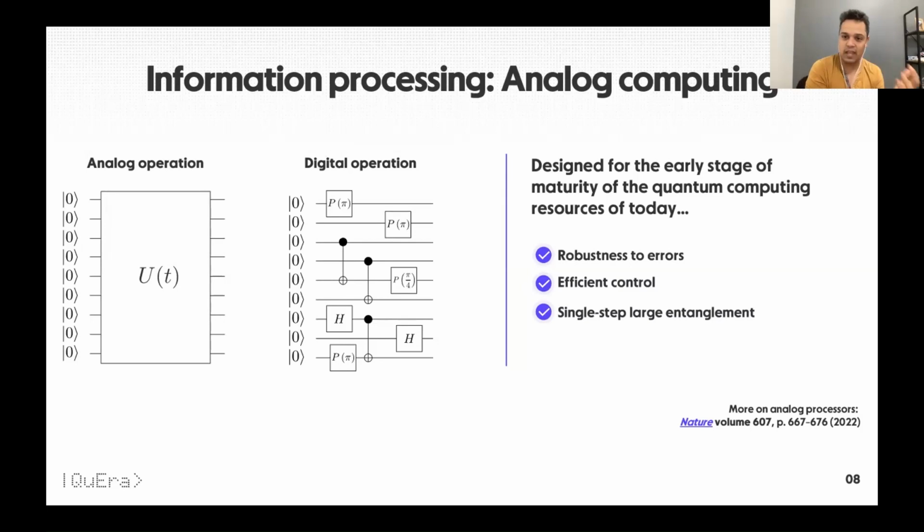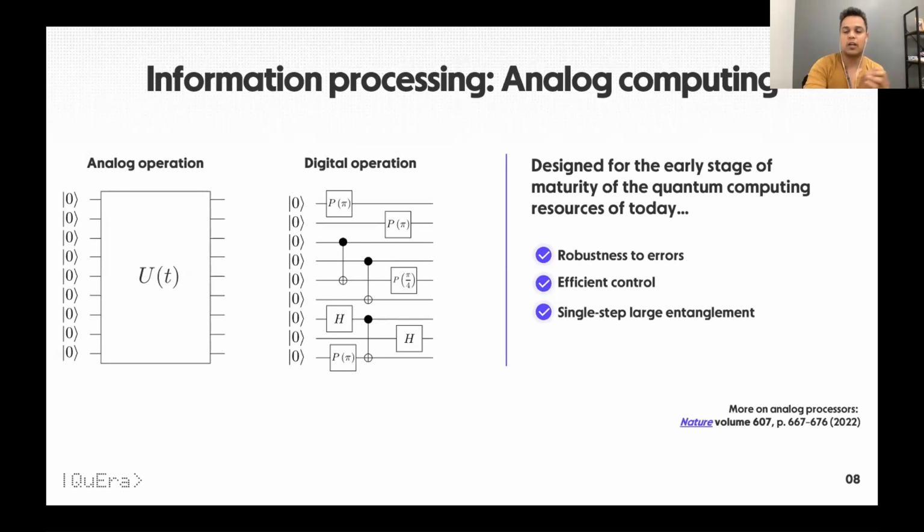And given that today quantum computers are not very clean, we really believe at QuEra that if you want to do something new with a quantum computer, you really need to operate it at maximum efficiency. So yes, we are not going to cover the whole Hilbert space, but what we are going to do is operate this in an analog way.